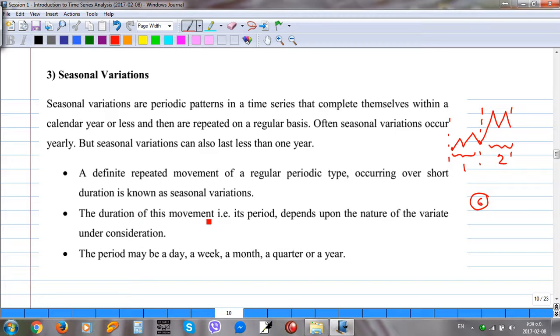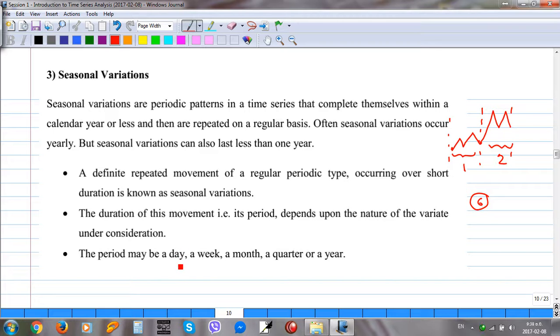The duration of the movements, that is its period, depends upon the nature of the variable under consideration, and the period may be a day, a week, a month, a quarter, or a year. The period can vary, but the pattern must be shown in the same period of time.